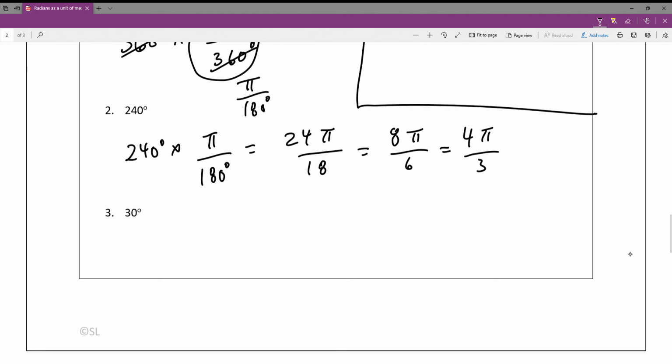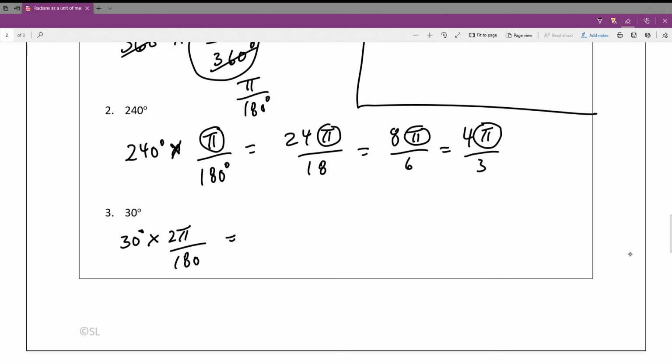When you convert degrees to radians, you want to make sure that you leave the pi there. You don't want to multiply it out. It makes things a lot simpler. Let's see, 30 degrees, multiply that by pi over 180. Or let's go back to 2 pi over 360.